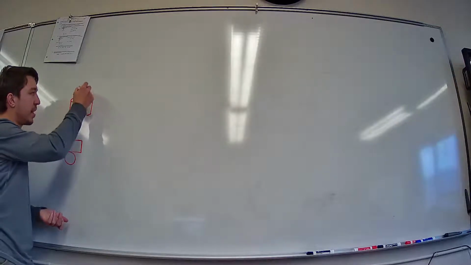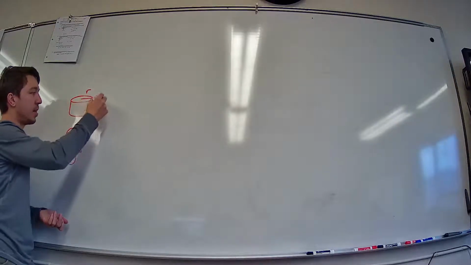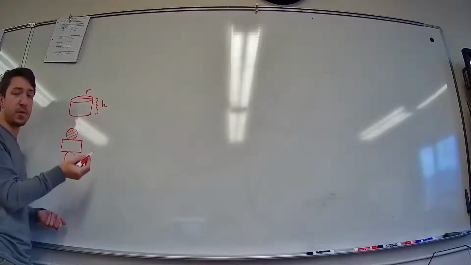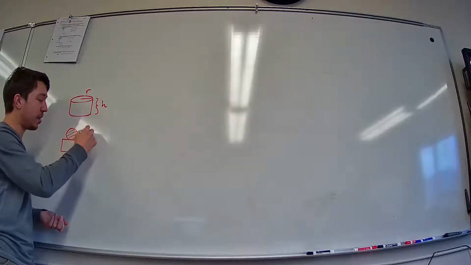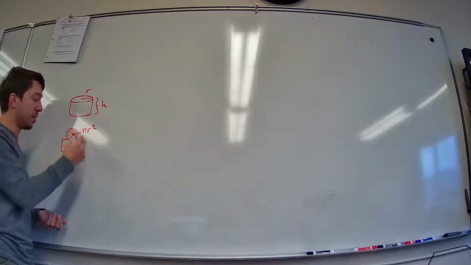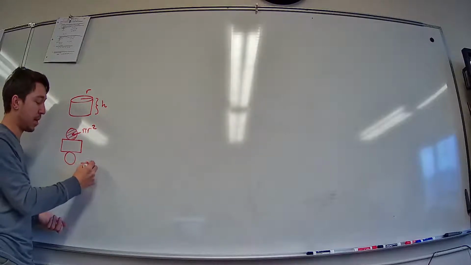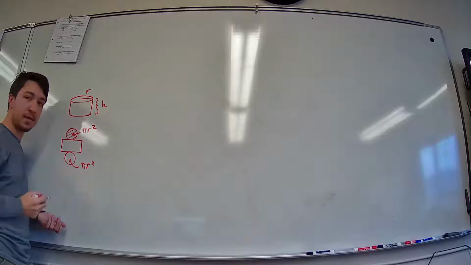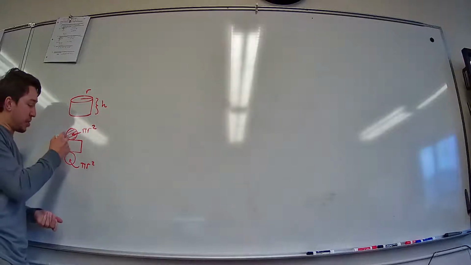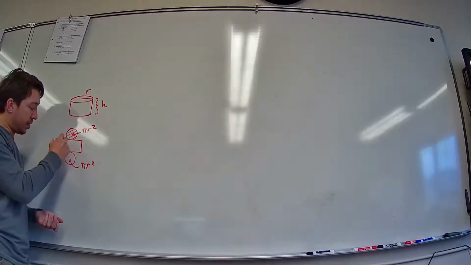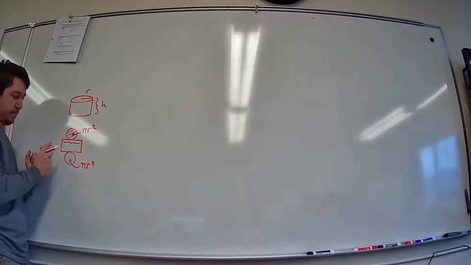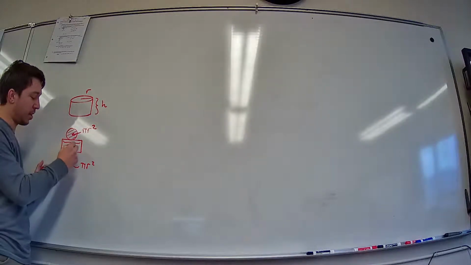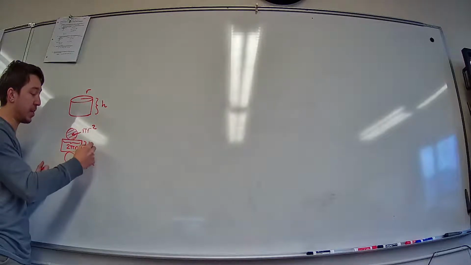Well, assuming that the circles have a radius of r, here's the height. The area of a circle is pi r squared, and there's two of them, so it's 2 pi r squared. Now this rectangle here, what's the length of that rectangle? Circumference, 2 pi r, and the height is h.